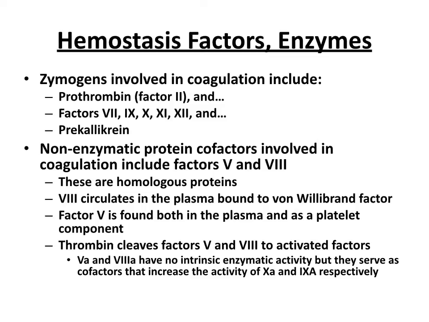And then there's also prekallikrein and other factors and zymogens that are involved in coagulation. I'm going to try and focus on the really important ones here. Okay. There are also non-enzymatic protein cofactors involved in coagulation, including factor 5, factor 8, and these are homologous proteins that they're essentially not active so much themselves, they're cofactors. I'm not going to really say a whole lot about those guys.